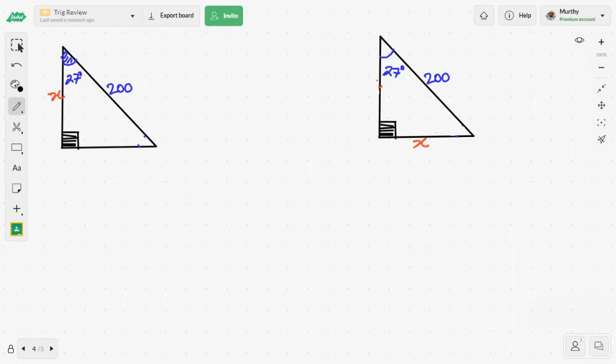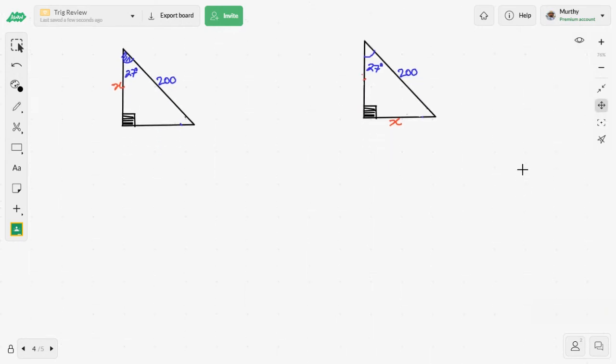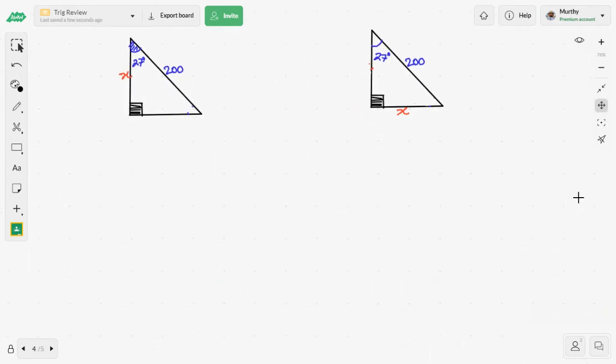This question seems to be the same as the previous one, but there is a slight difference, because the majority of the students, when they see the diagram, immediately say that this is the opposite side, which is not true.